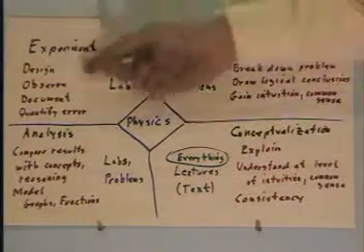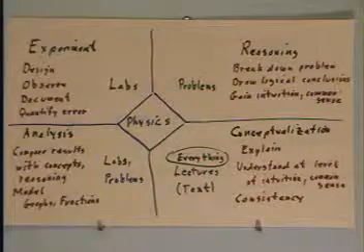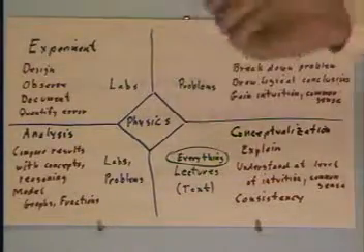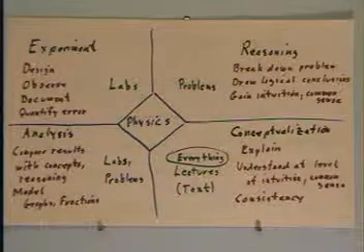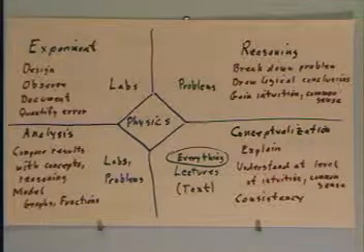Let's start with the idea of experiment, because physics is an experimental science. In an experiment, there's something we're trying to measure. We're trying to measure something in order to see if the ideas that we have about the world are supported by experiment.